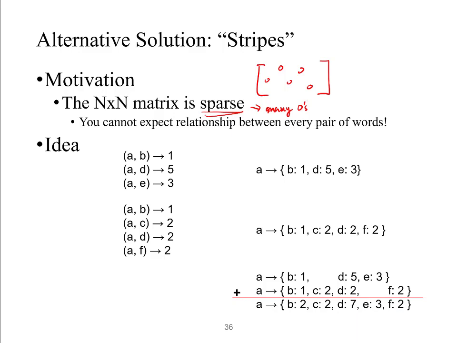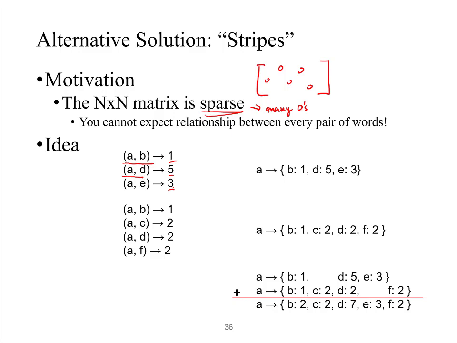Now the idea is, previously we recorded each pair of terms and did the counting for each pair of terms. So for each pair of terms, we would have a key value pair in the RDD.